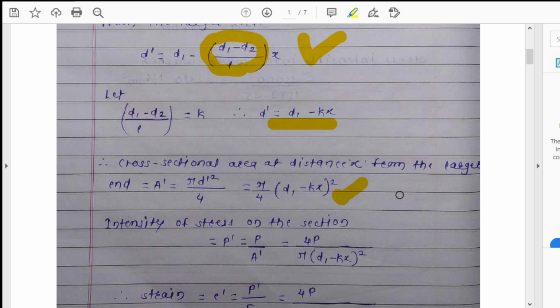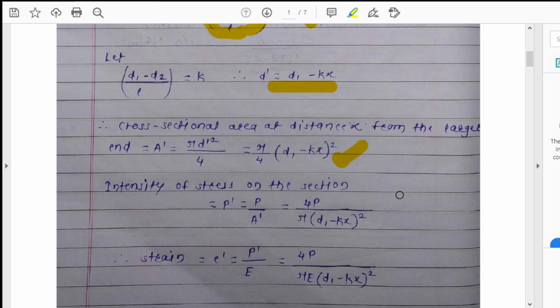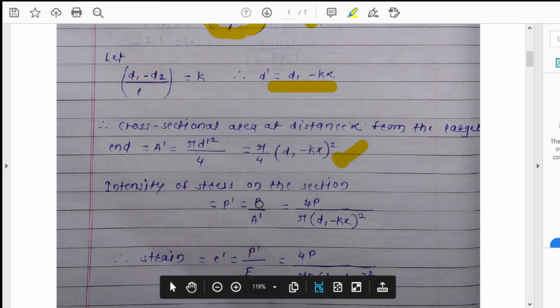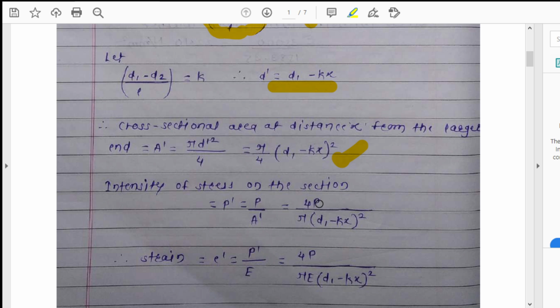So we can find the stress intensity. We have force P and we have already calculated the area. So force upon area gives the intensity of stress. So P dash equals P upon A dash. P is as usual P because the force P is acting in the tensile direction.